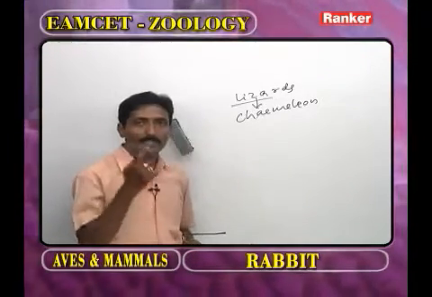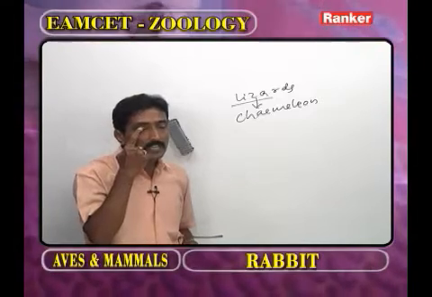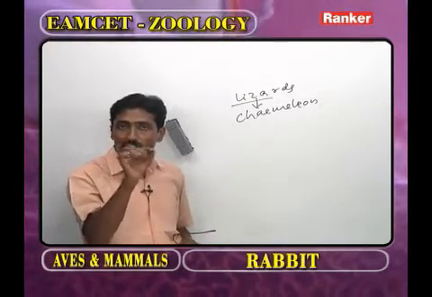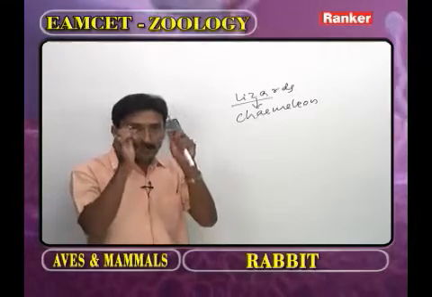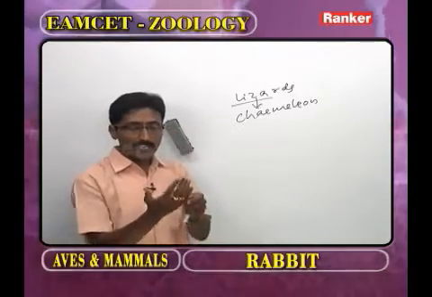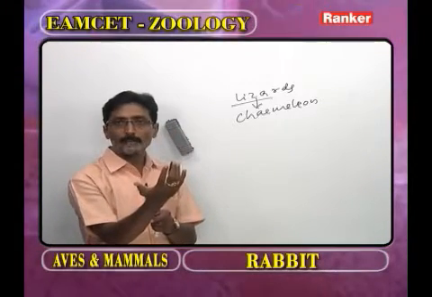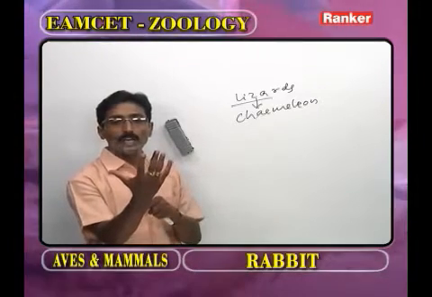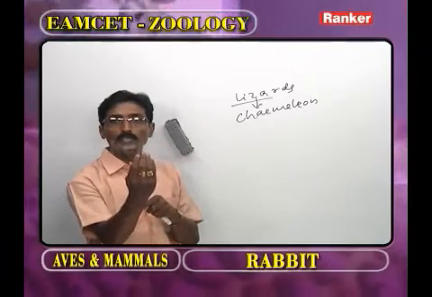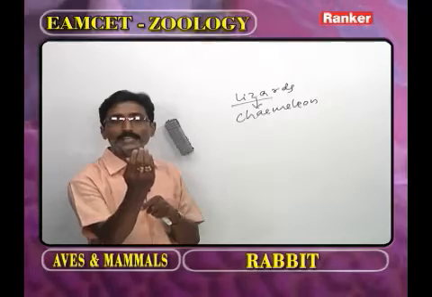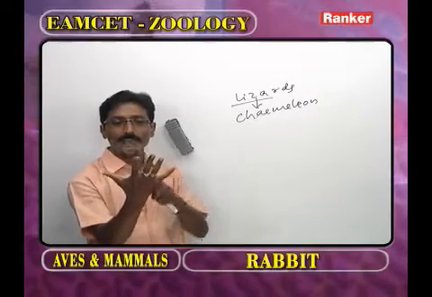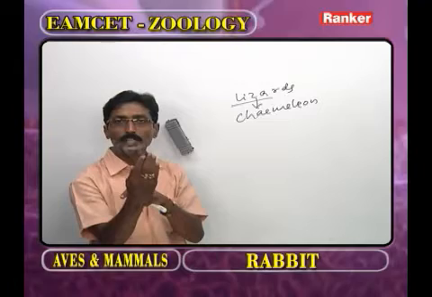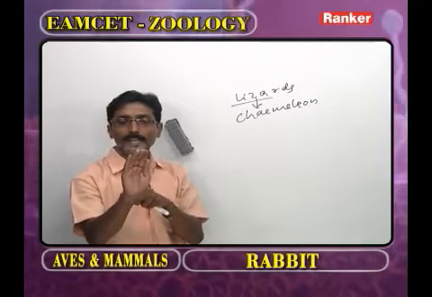But the chameleon can move each eyeball independently. In the chameleon, 4 limbs are present, forelimbs and hind limbs. In the forelimbs, all digits are fused. That we call syndactylous. In the same way, in the hind limb, all digits are fused. That we call syndactylous.